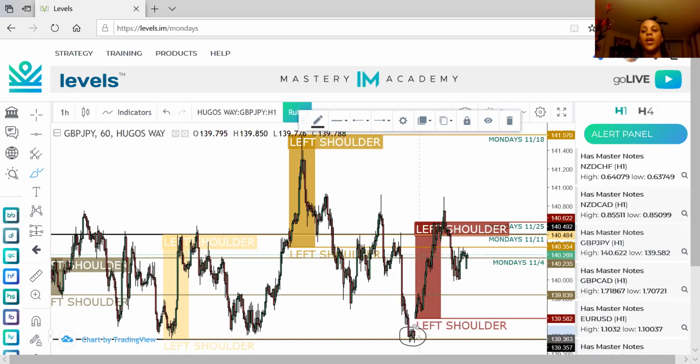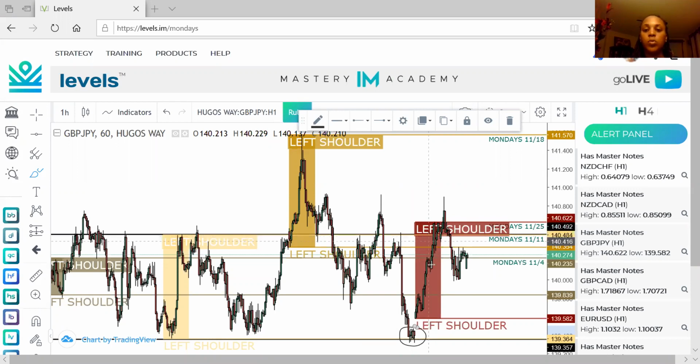So Sunday, we were able to come onto the levels platform, look and notice that GBP JPY actually fully completed its 100% head, right? And then once we saw that, all we did was put in some sell limits back at Monday high for a 25 to 30 pip take profit and a 50 pip stop loss, right?